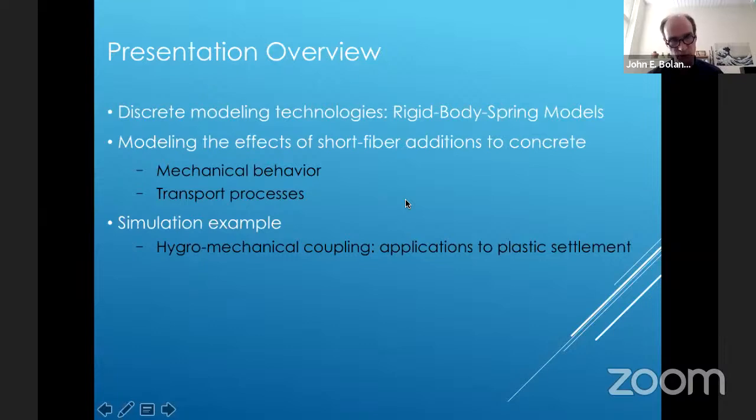The overview will be about the first half of the talk, and then quite a bit about modeling reinforcement, short fibers in particular. And then finally, just one simulation example, and that's for plastic settlement of concrete at early age.